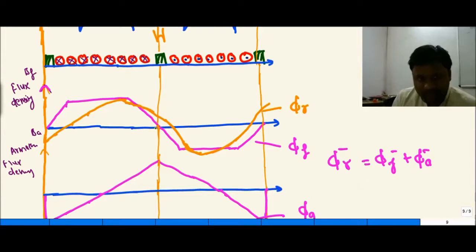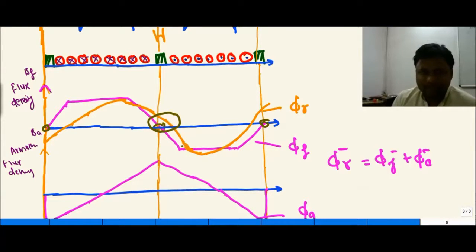This is the interpolar axis, or the commutation axis, where the current is to be reversed. There should be some induced EMF, some magnetic flux, since the armature flux changes here. So it is a problem that we have to remove.